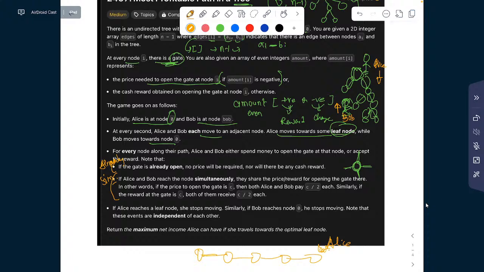Since these are independent of each other, what do they want to say? At every second they need to make moves, right? It is about who reaches there first as well. The distance is also a factor.